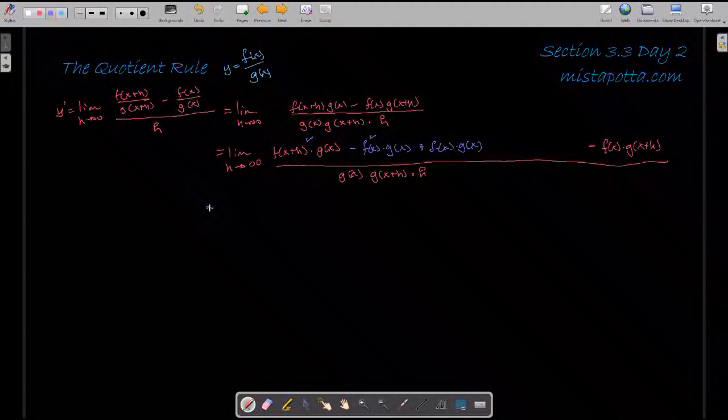So I'm going to have the limit as h approaches 0 of f of x plus h g of x minus f of x g of x over my common denominator g of x plus h times h.